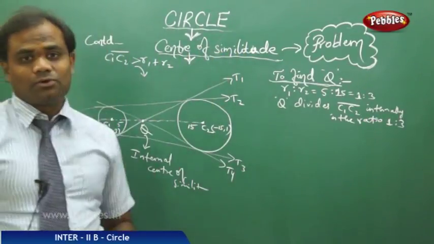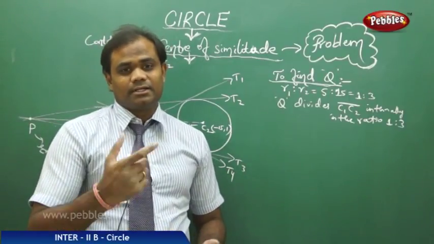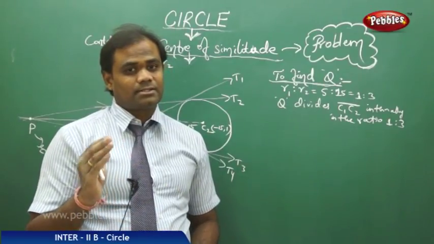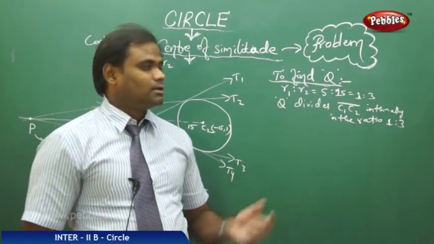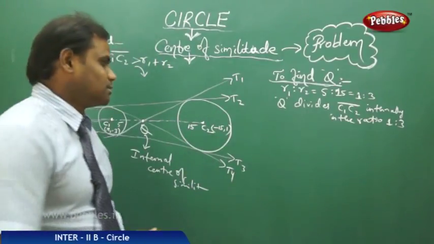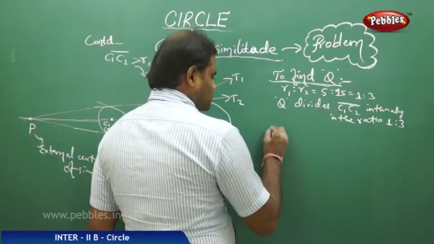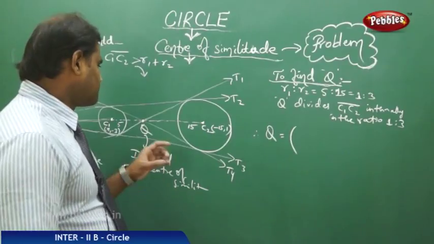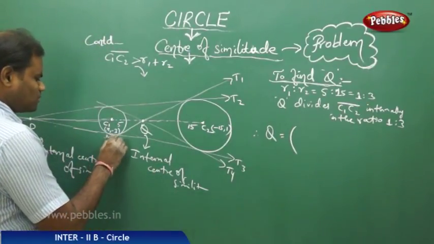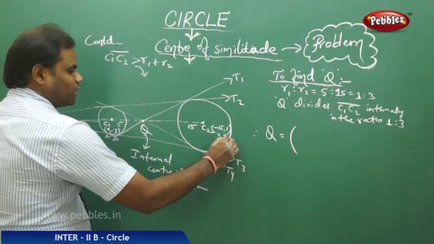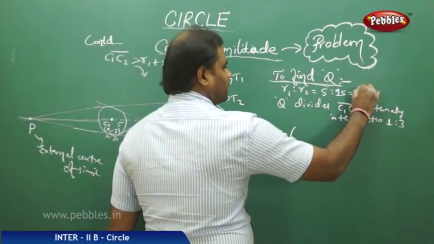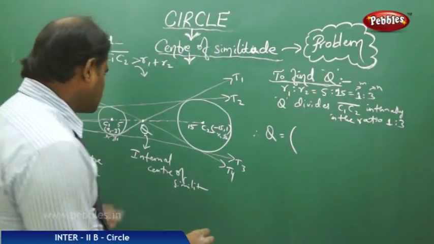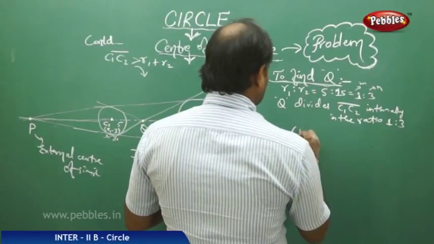We have discussed in coordinate geometry that if a point divides internally in the ratio m is to n, then we have the formula (mx2 plus nx1) by (m plus n), and so on. Therefore, to find the coordinates of Q, I use the formula (mx2 plus nx1) by (m plus n), where x1, y1 and x2, y2 are the points, and this is your m and this is your n.